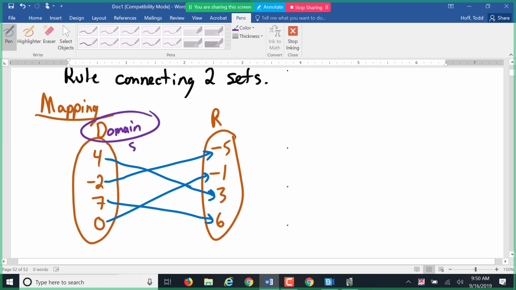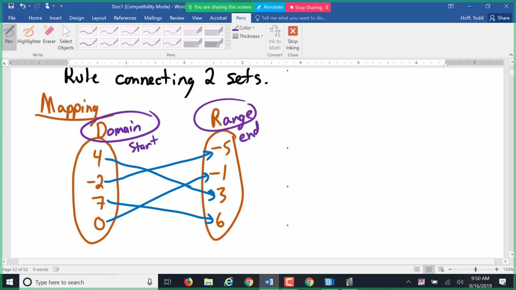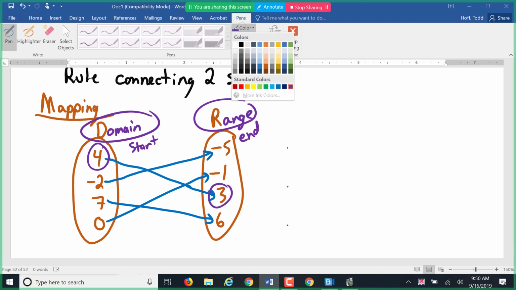That is the numbers we start with. R stands for range. That's the numbers we end with. So anytime we start with a number in the domain, we have to end with the same number in the range. We start with 4 in the domain, we're going to end with 3 in the range.